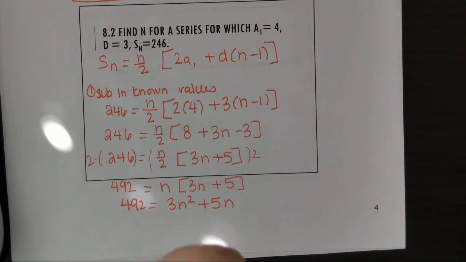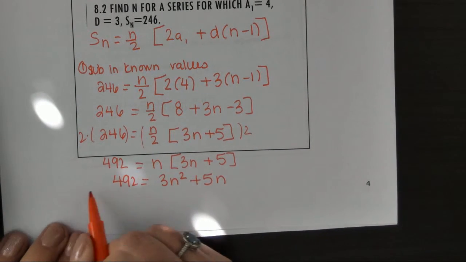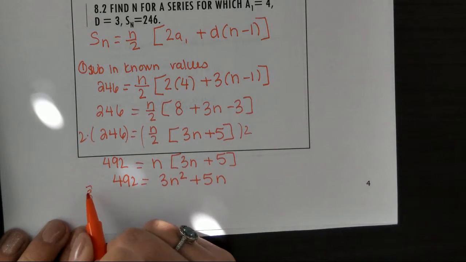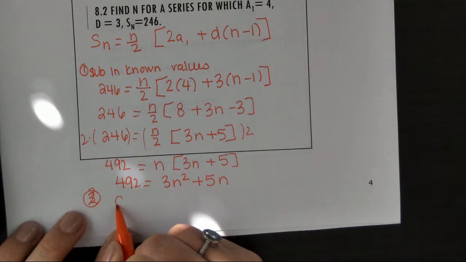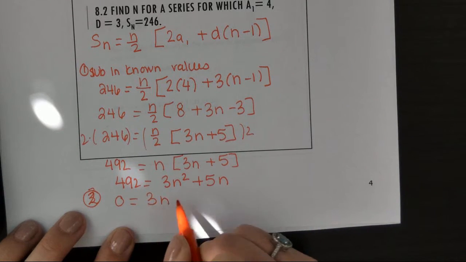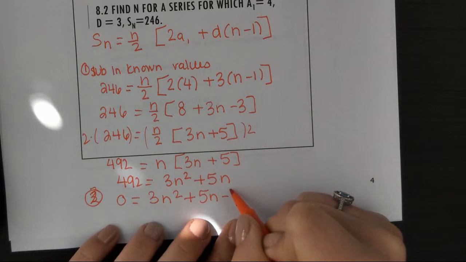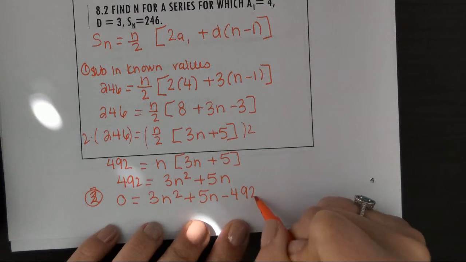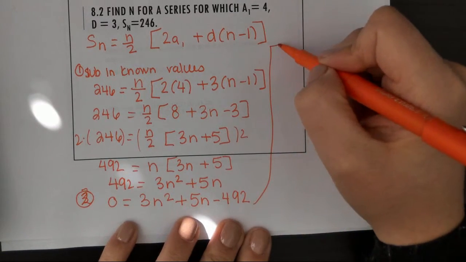So what we're going to need to do is first set our equation equal to 0. So this is our second step. We'll have 0 equals 3n squared plus 5n minus 492.